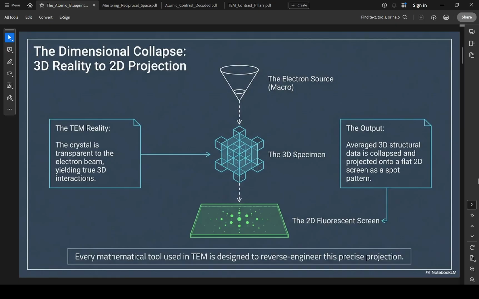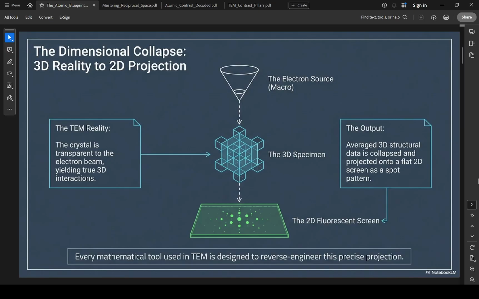First I will give you an overview of this week's topics. So we are studying TEM. In TEM, we are taking a very thin 3D specimen, and the interactions between the electron and the specimen are in 3D. So it is yielding true 3D interactions, but what we are seeing are 2D patterns.